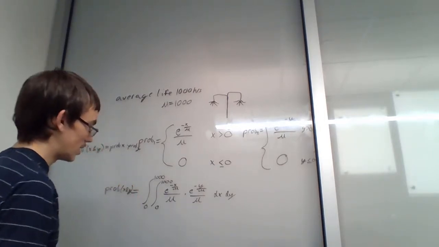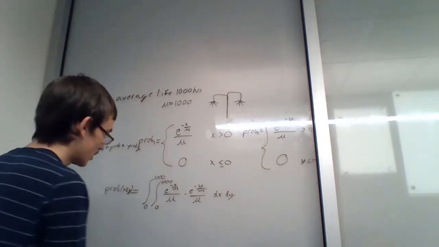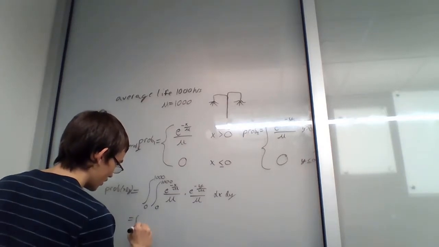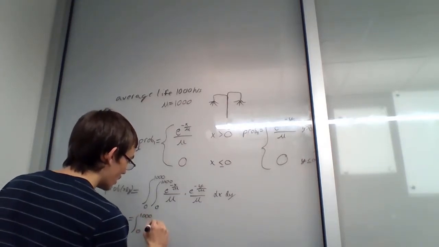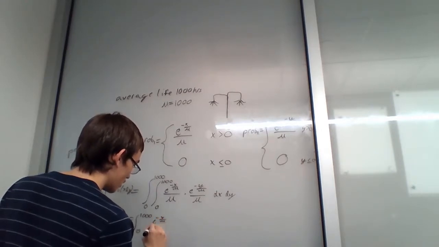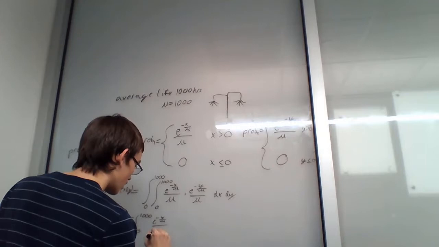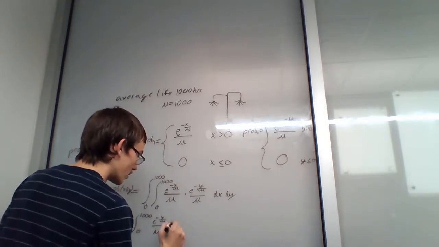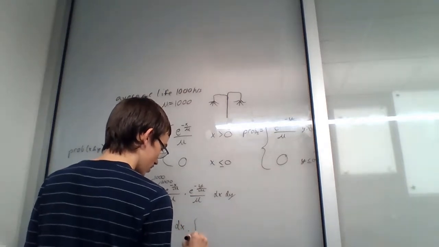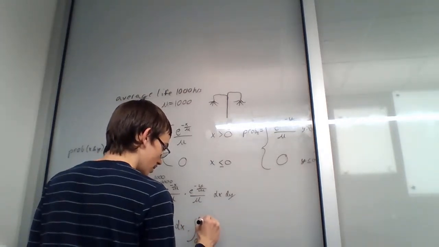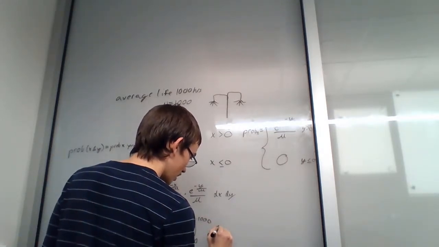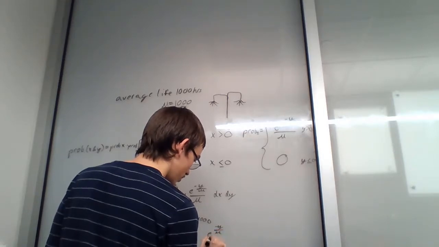And this integral can be simplified by saying from 0 to 1,000 of e to the negative x over mu divided by mu dx times the integral from 0 to 1,000 of e to the negative y over mu divided by mu dy.